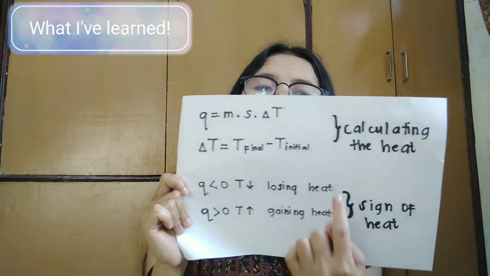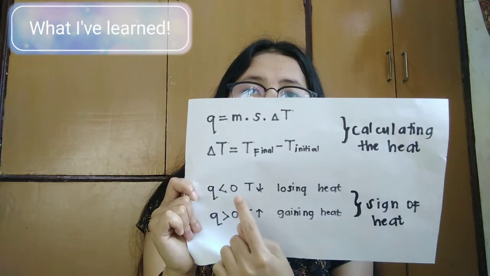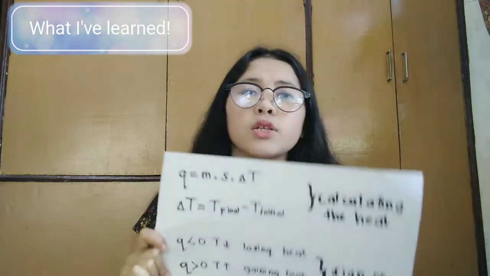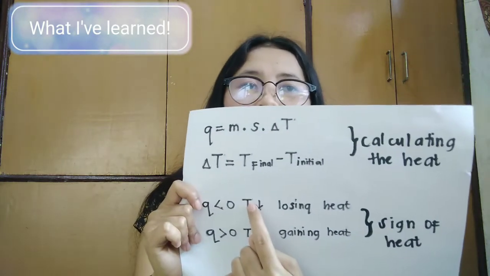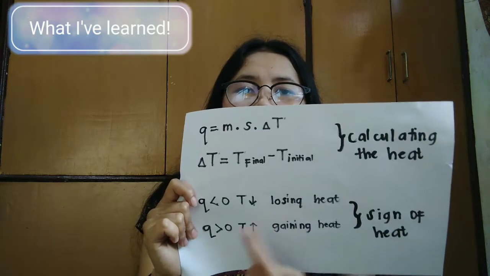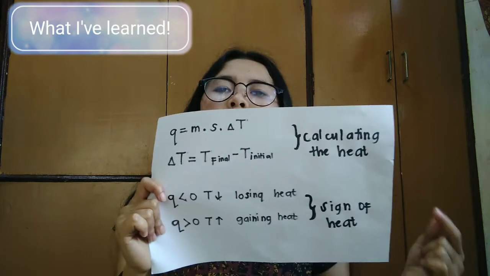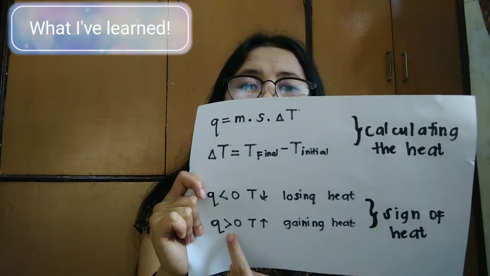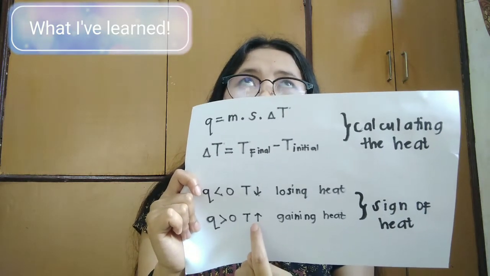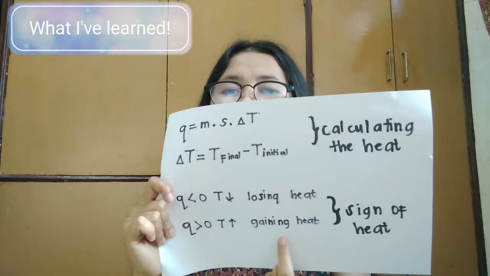As for the signs of heat, if Q is less than 0, a negative number, the temperature is decreasing and the substance is losing heat. If Q is positive, greater than 0, the temperature is rising and the substance is gaining heat.